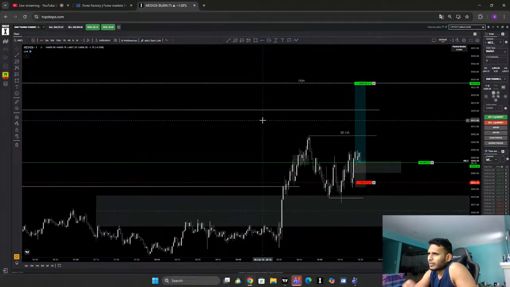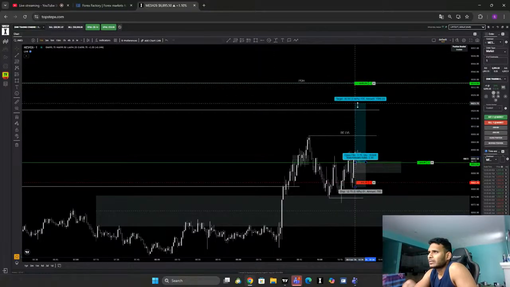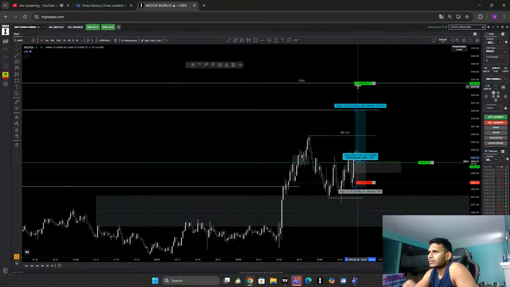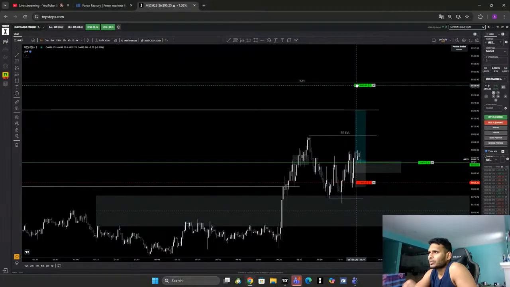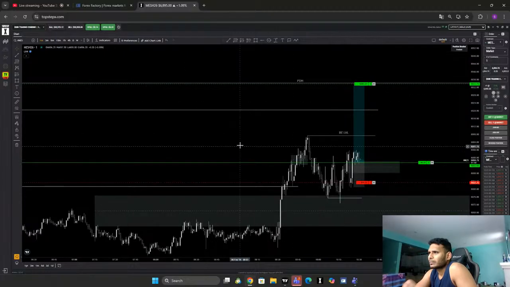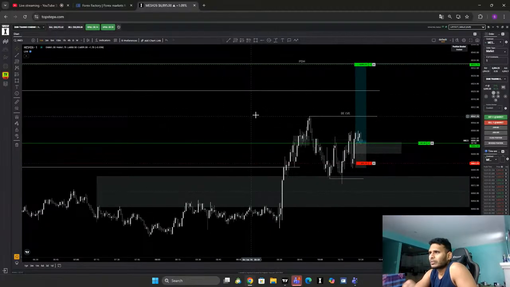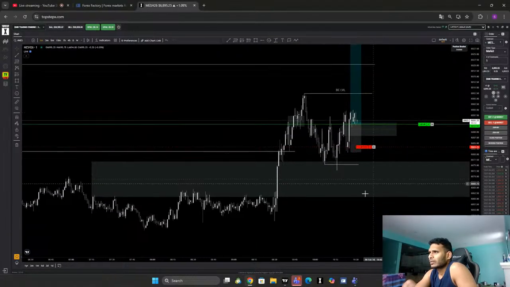I'm planning to risk $50 to secure at least 1:2. So I'm expecting the highest as my target. Let me see how it's gonna work. If it's not working, the market is not good, so we just walk away.